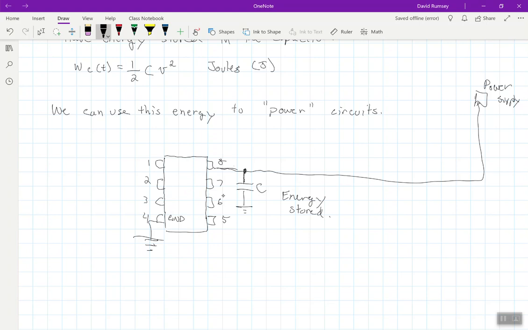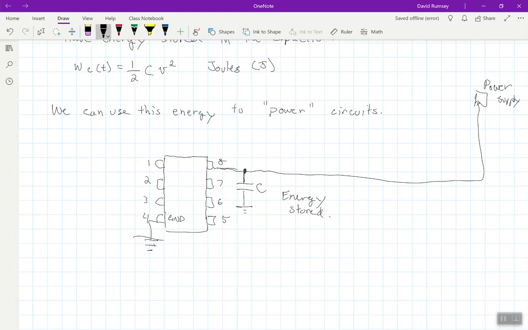And you say, okay, well, you're losing the energy from the capacitor. Well, that's why you have maybe a large capacitor. The larger the capacitor, the more energy you can store. And what happens is that power supply is still attached to the capacitor, so it's going to charge it back up. So that's why we can provide the energy to the chip really fast, and also still always have a little bank of energy for that chip.